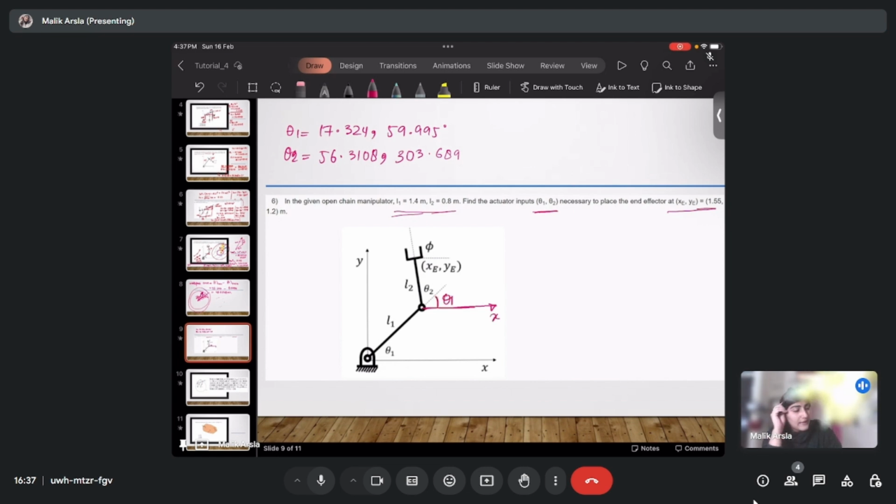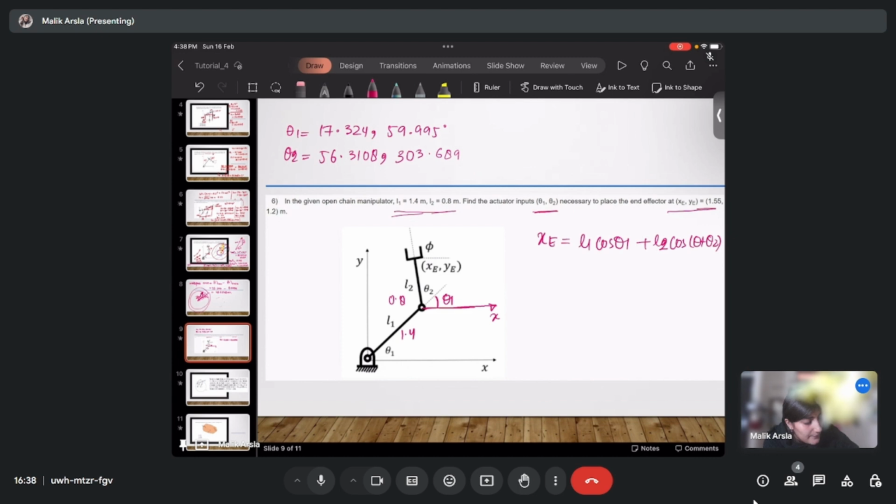So if we write the coordinate xe, it will be equal to L1. L1 is given as 1.4 and L2 is given as 0.8. So it will be L1 cos theta 1 plus L2 cos of theta 1 plus theta 2, right?